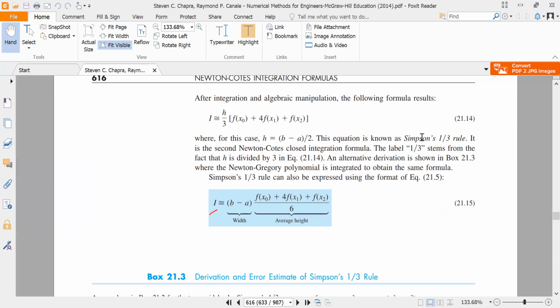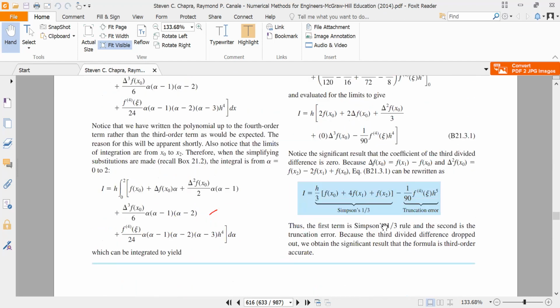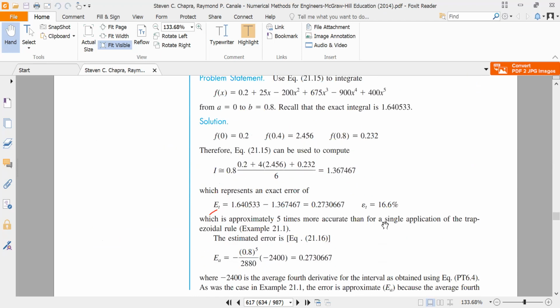For this case, you can make finer vertical segments. That means you can add more segments in your width. As a result, you have to apply Simpson's 1/3 rule multiple times, like the trapezoidal rule. That will certainly improve your calculation. These things are described in this example.